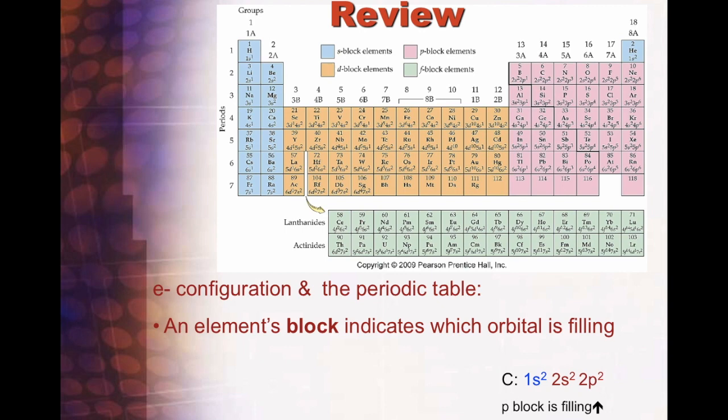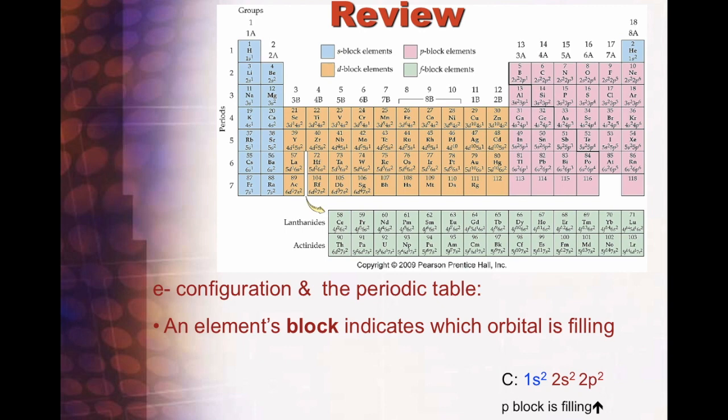Helium is a little bit different because it's in row 1, or period 1. In the n equals 1 shell, there's only an s subshell. So for helium, s is filling, but for all of the other elements in that group, the p subshell is filling, or in this case full, because these are noble gases.